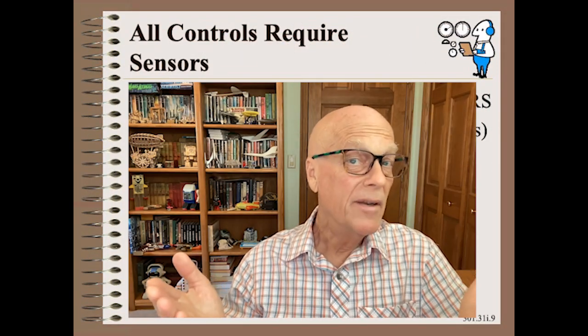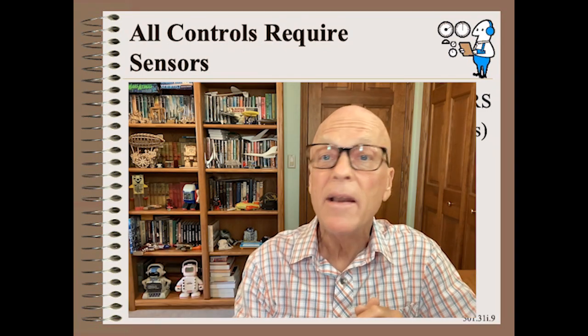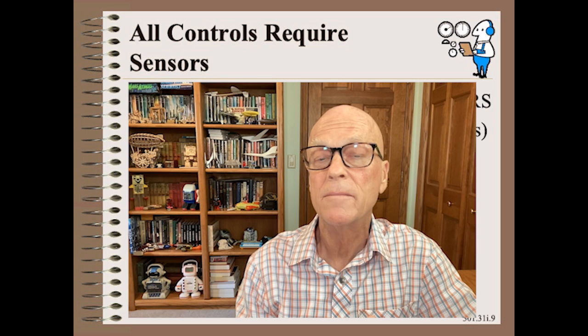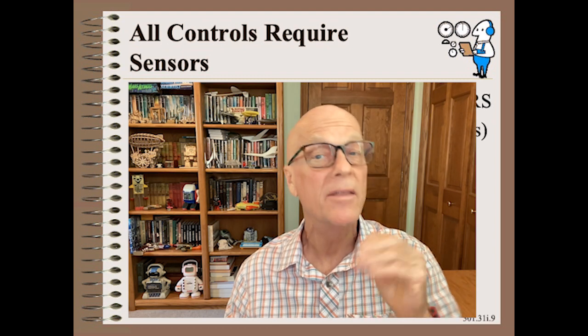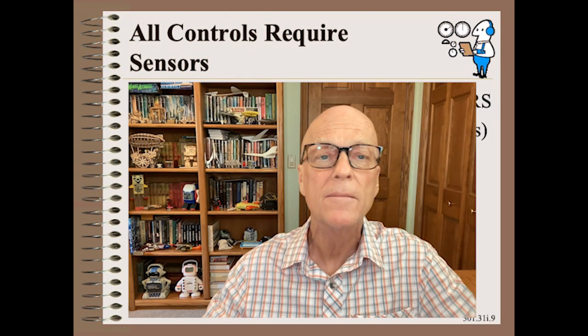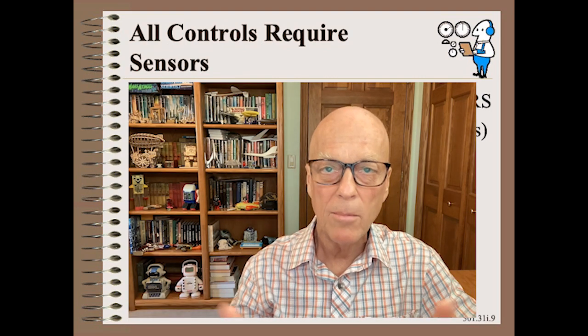It may be obvious, but it needs to be stated anyway, and that is, all controls require sensors. It is also true that the quality of the control is often dependent on the quality of the sensor. Yet, there is a big problem in the web industries. That is, people trust their sensors.